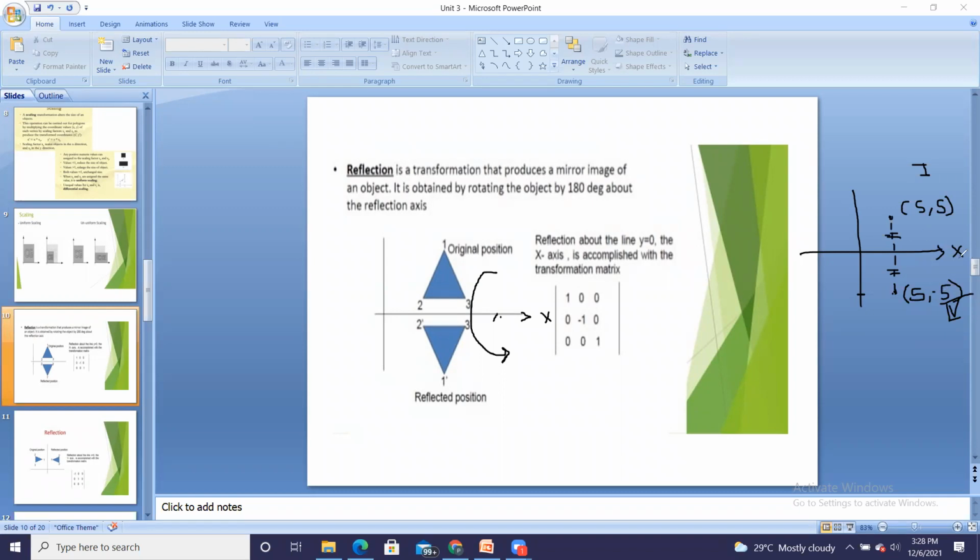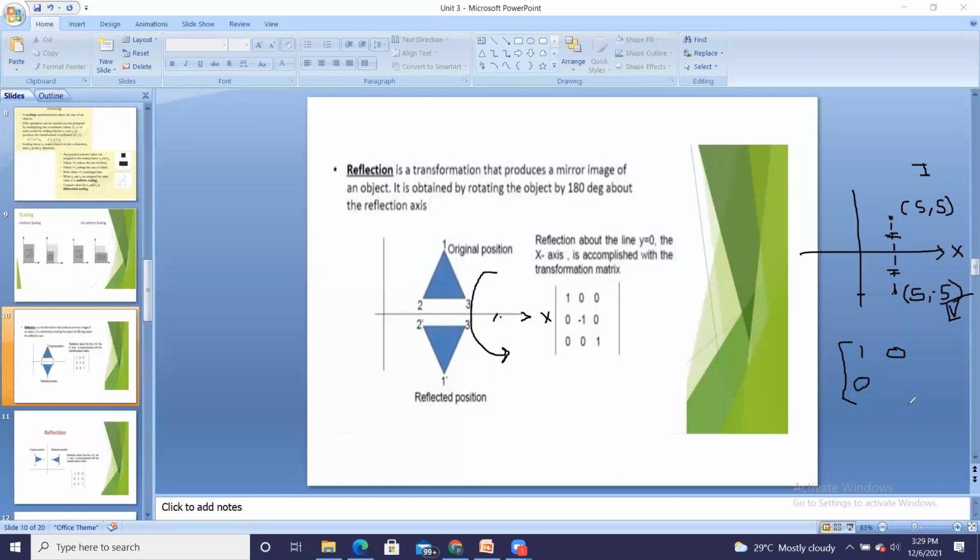So if reflection is carried out along x, then x remains as it is, meaning the scaling factor along x is 1. Whether the magnitude is changing? No, the magnitude is the same for x and y. Only the signs are changing. And that's why the scaling factor along x stays as it is.